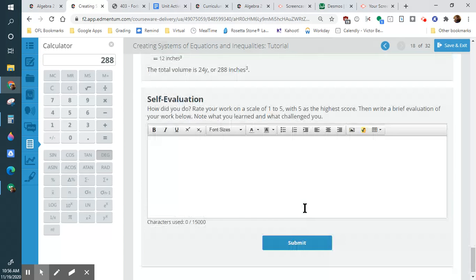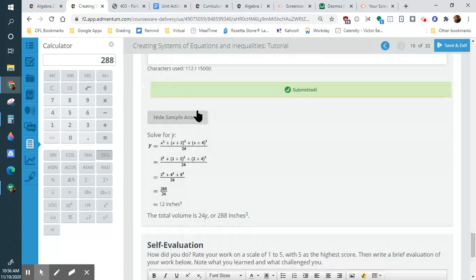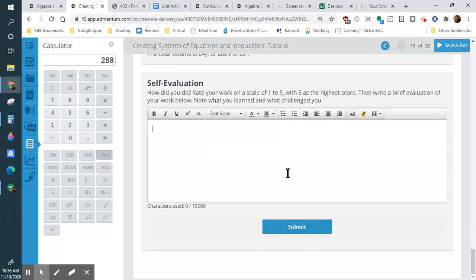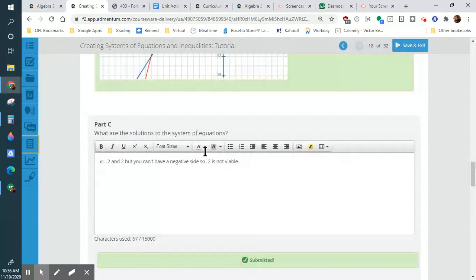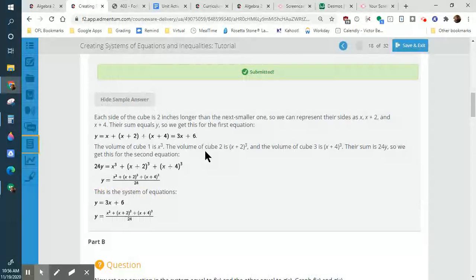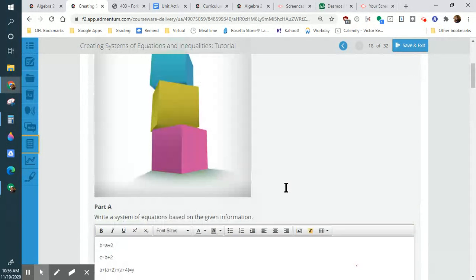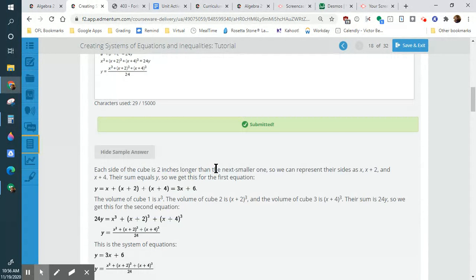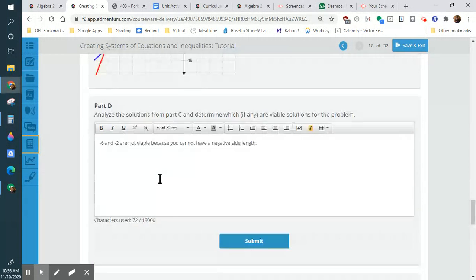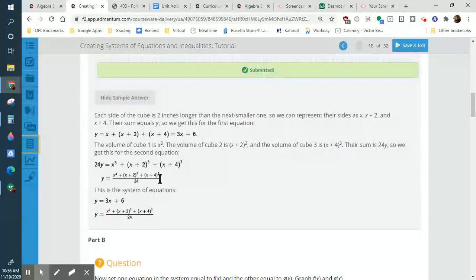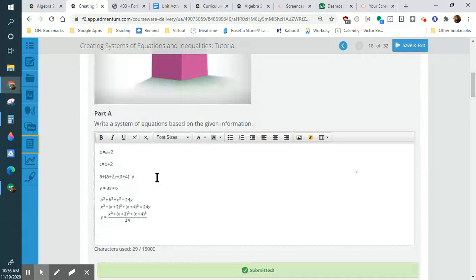For self evaluation, I would probably score this as a 4 or something because luckily I stopped myself. And the only reason I stopped myself is because I knew I was recording this and I hate when I have all these mistakes on camera. Because I had to stop myself and really think of what they were asking.